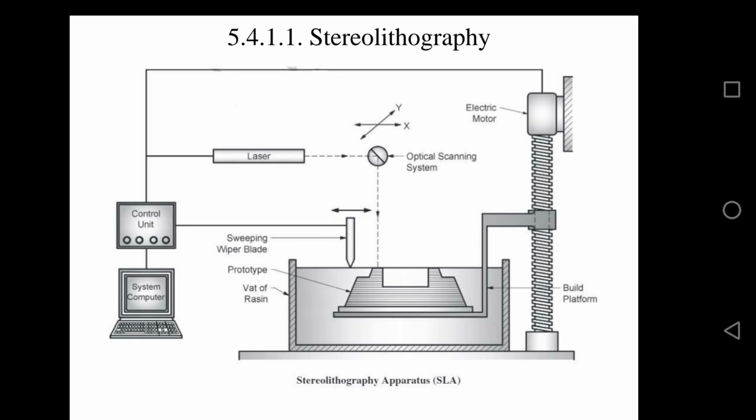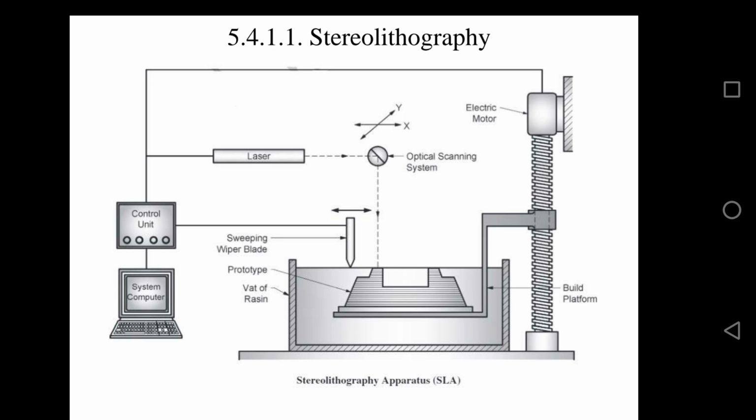It comes under the liquid based rapid prototyping method. It is actually the most widely used rapid prototyping technology. This stereolithography, or we can call it the SLA process, is based on two principles.